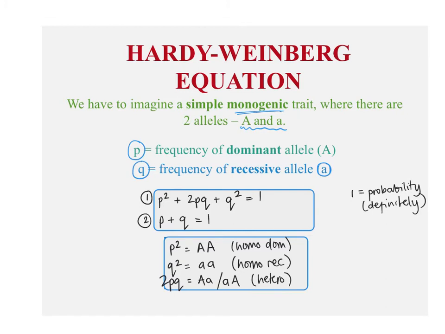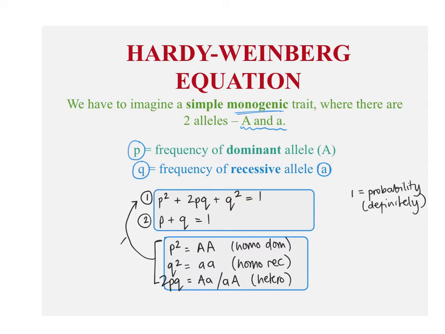Okay, now we're going to take a look at what these do in an exam question situation, which might make it a little bit more sensical for you. If we take this information and put it into equation 1, it should make a little bit more sense.